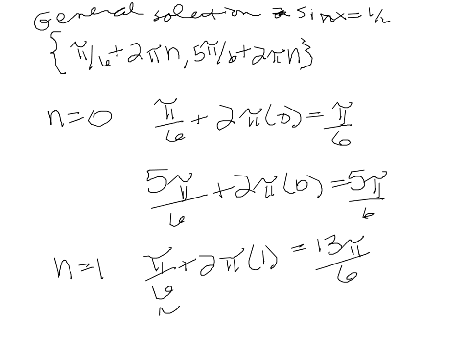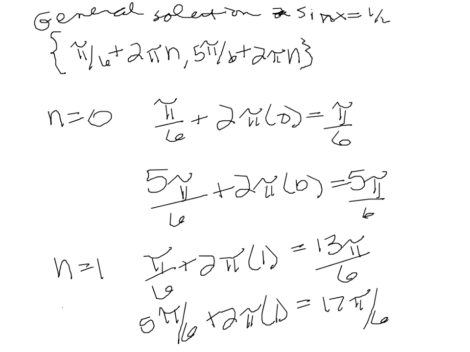And I have 5 pi over 6 plus 2 pi times 1, and I get 17 pi over 6. And I can keep going. I can let n equal 2, I can let n equal 3, I can let n equal minus 1.